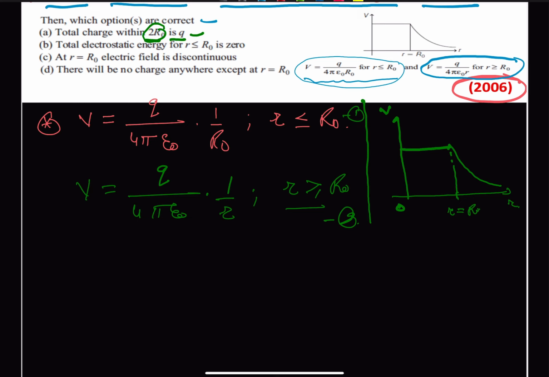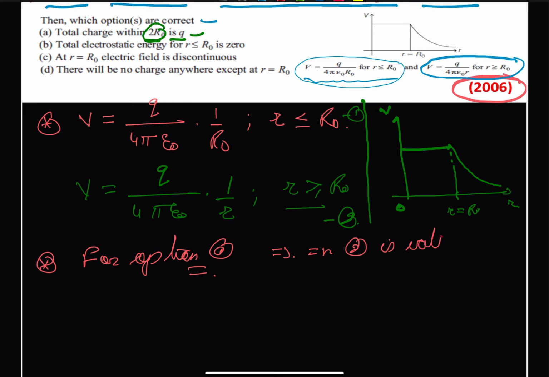So we can say for option A, which says total charge within twice R naught, from here we can say equation 2 is valid.